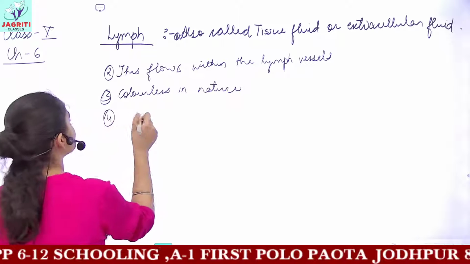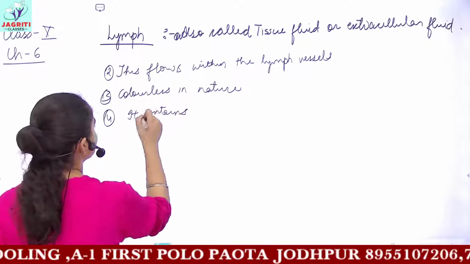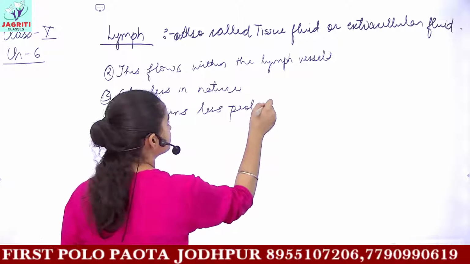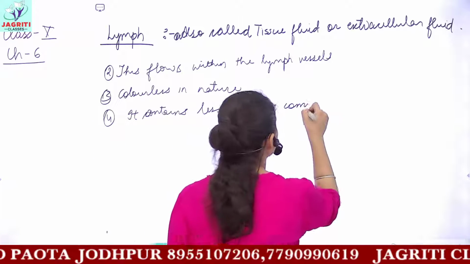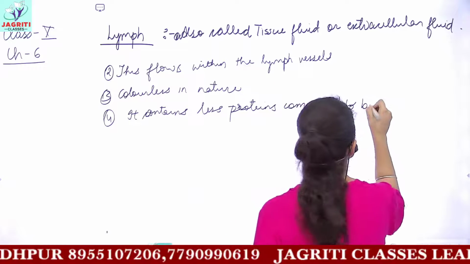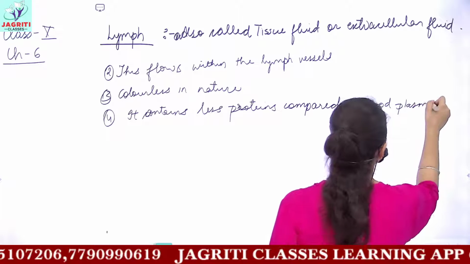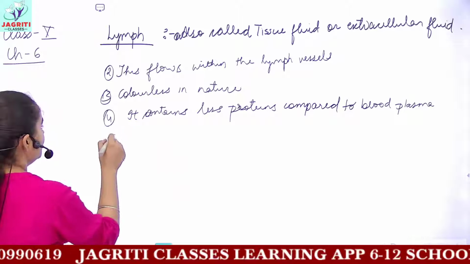Then the fourth is, it contains less proteins compared to blood plasma. So the lymph contains very less amount of proteins compared to blood plasma.